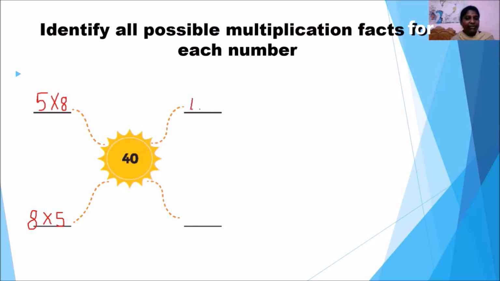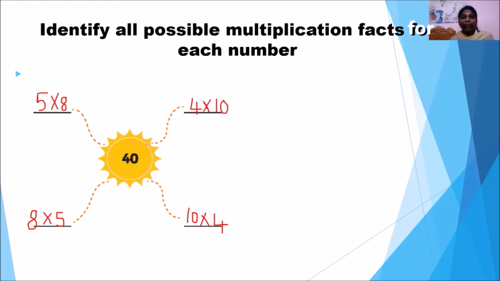Yes, very good. 4 10s are 40. 10 4s are also 40. So the 40 have the multiplication facts of 5 8s are 40, 8 5s are 40, 4 10s are 40, 10 4s are 40. Very good children.